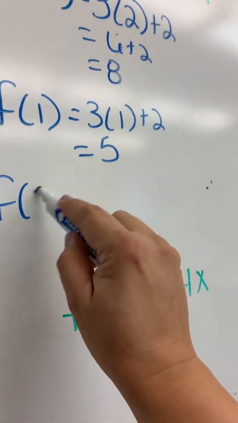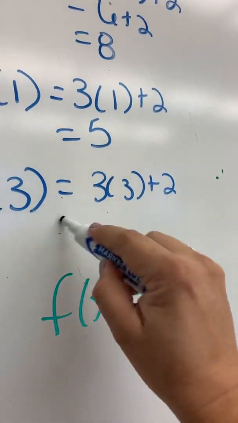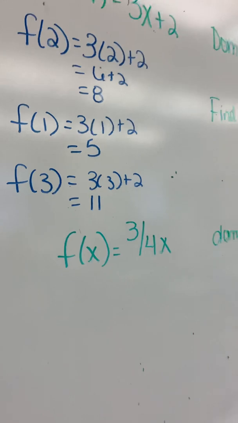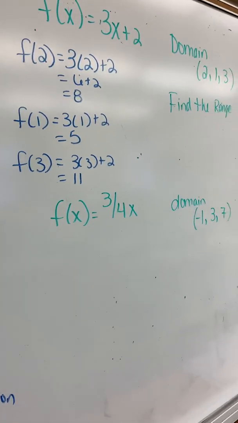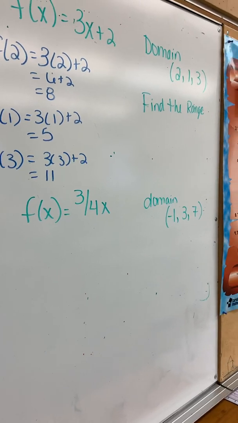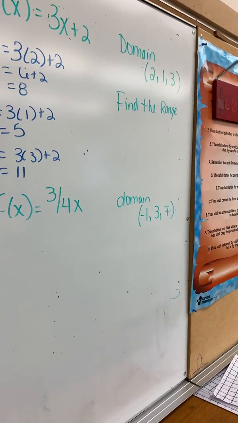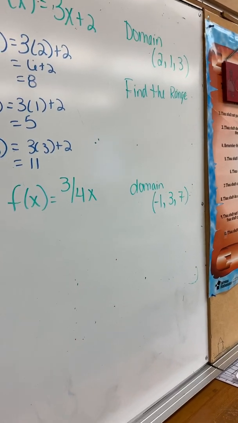F of 3, 3 times 3 plus 2, which is 11. So now I've got ordered pairs, (2, 8), (1, 5), (3, 11). If I were to write them down as ordered pairs again, which you don't have to. They just want you to find the range values.